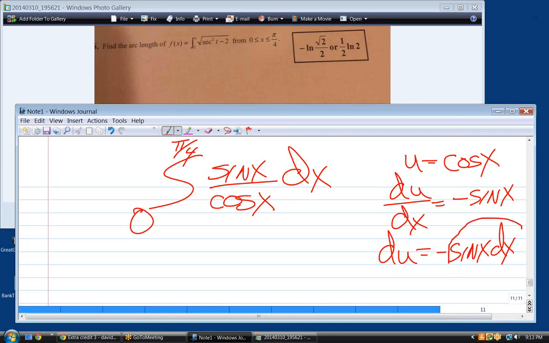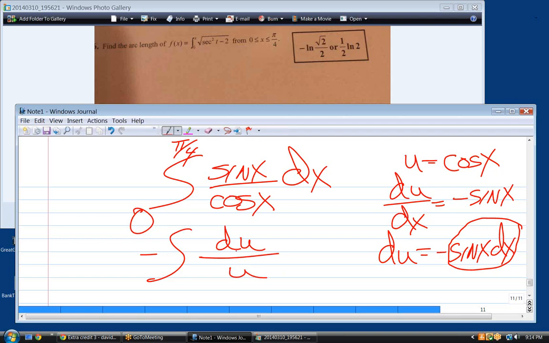That part right there, I can substitute for du. So now I'm going to turn it into an integral of 1 over u. Put the minus sign out there. I have du on the top and u on the bottom, because cosine x equals u. What is this?